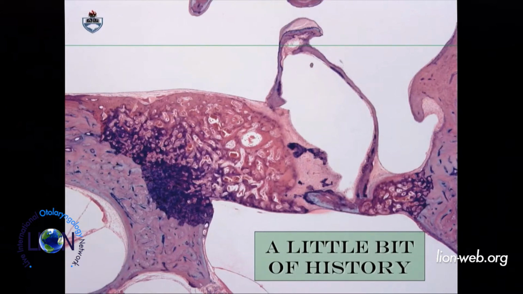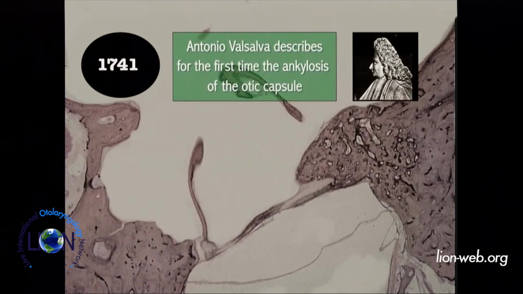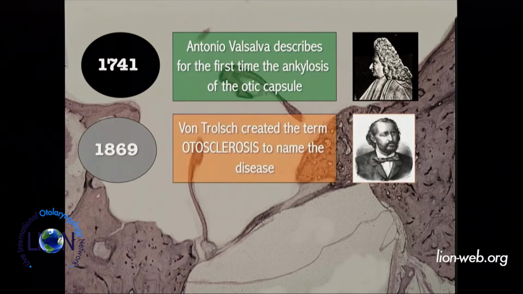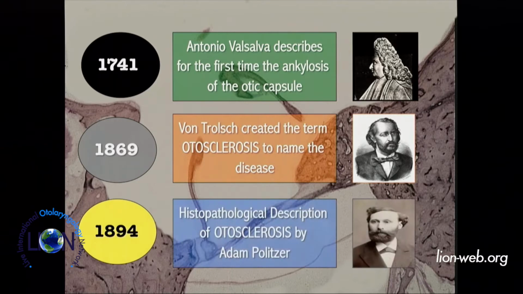A little bit of history. You know that Valsalva was the first one to describe the ankylosis of the otic capsule in 1741. And then von Tröltsch created the term otosclerosis. And Adam Politzer described perfectly the histopathological profile of otosclerosis.